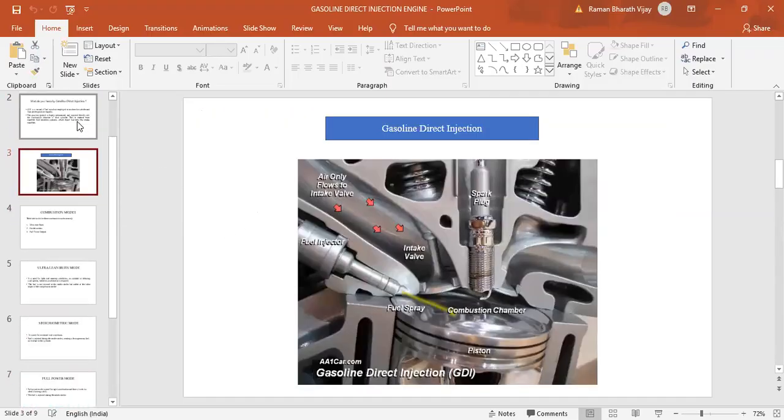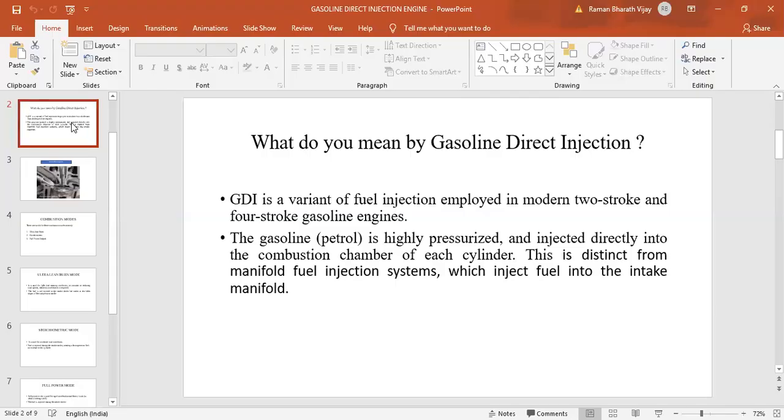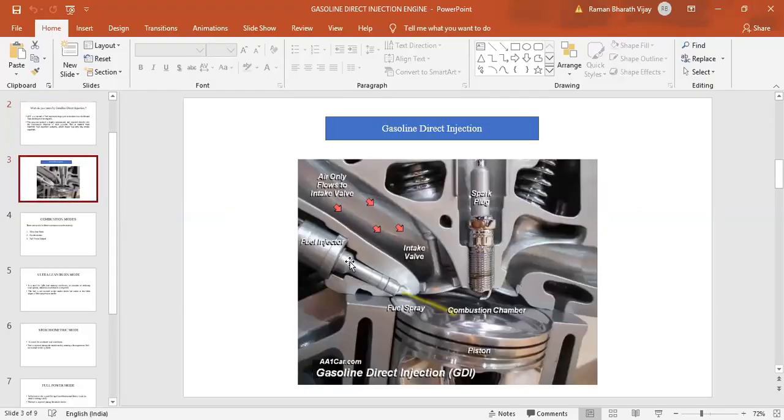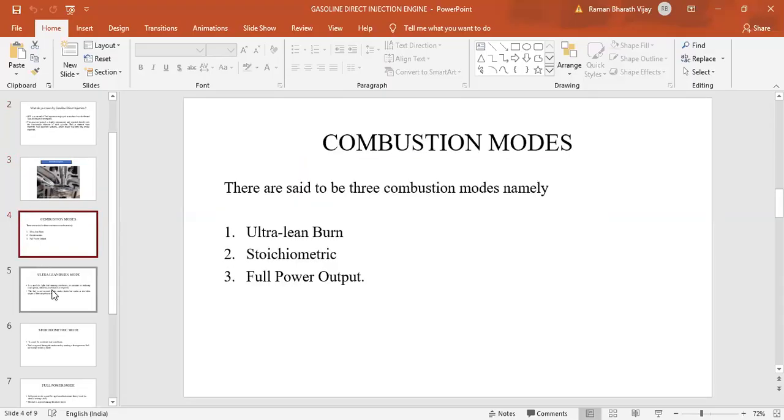First I will repeat, GDI is nothing but a fuel injector through which fuel is injected directly into the combustion chamber. There are three modes: ultra lean, stoichiometric, and full power output.